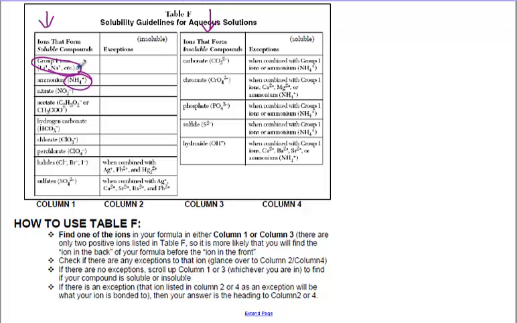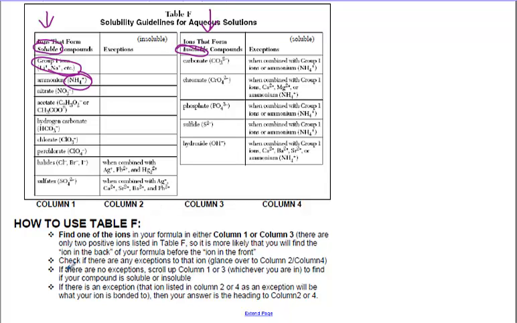So check if there are any exceptions to that ion. You'll glance over to column 2 or 4 once you've found your first ion, and see if there are any exceptions. If there are no exceptions, you'll scroll up either column 1 or column 3, wherever your ion is located, to figure out if it is soluble or insoluble.